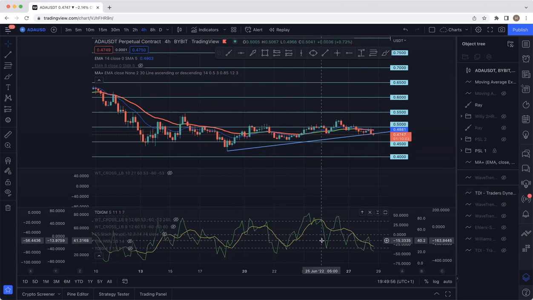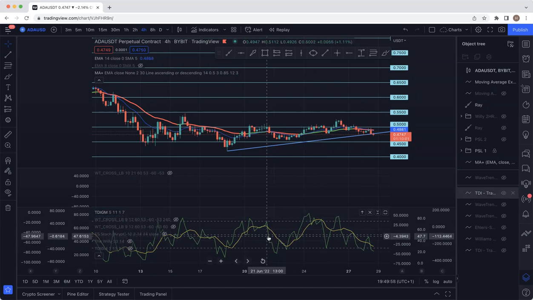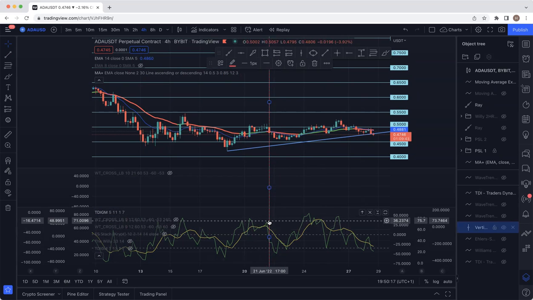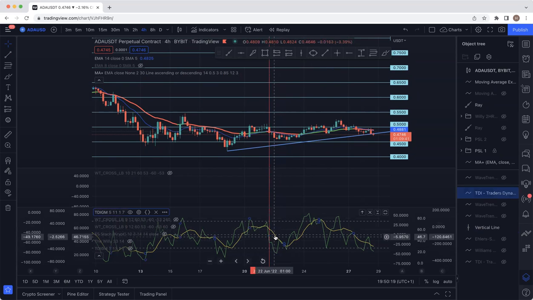What we use this for is that whenever the fast moving average crosses the slow moving average downwards, the market is likely to go downwards. So you can see clearly that, like here, I'm going to put a line there. So the line is, let's say, this one.